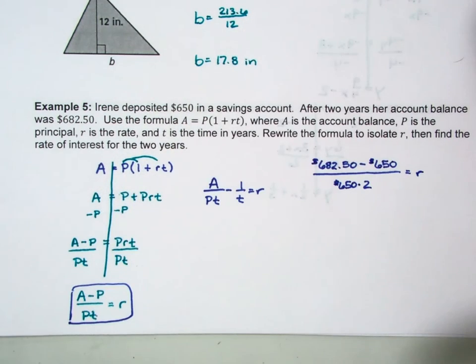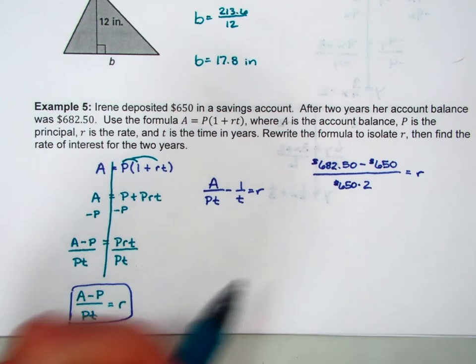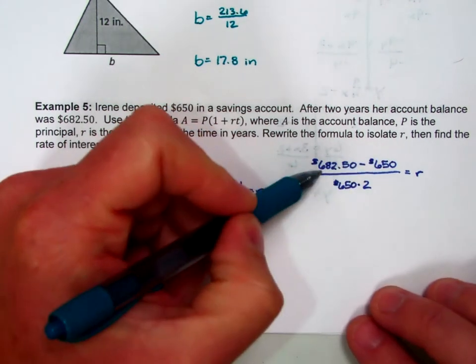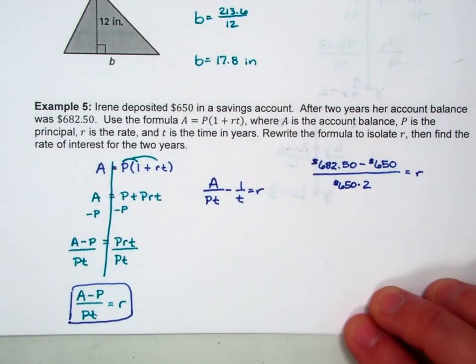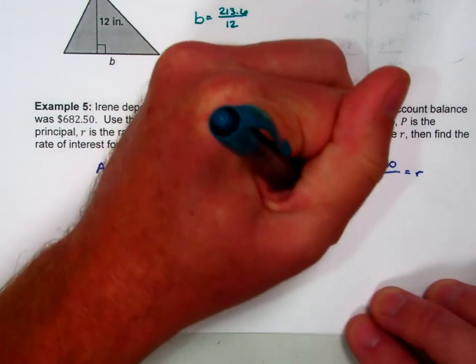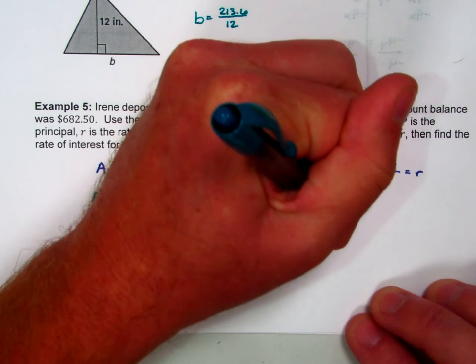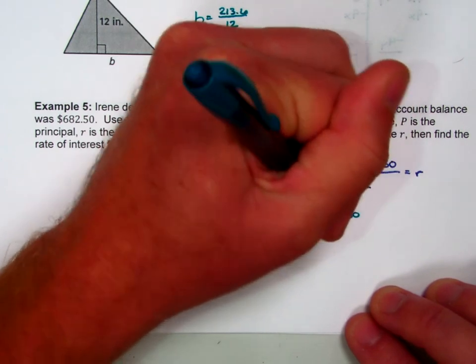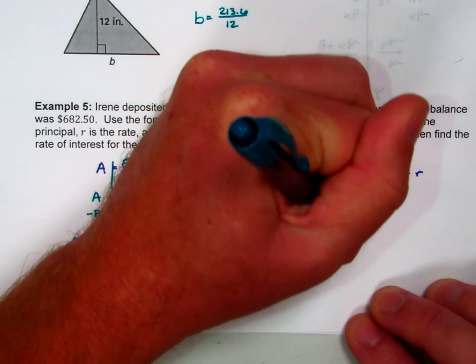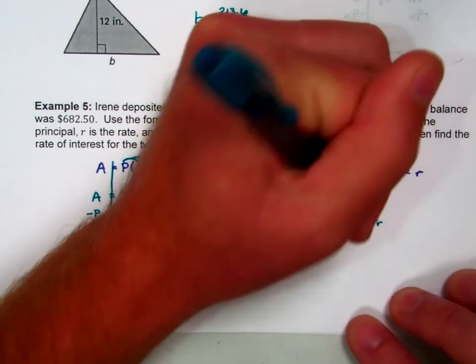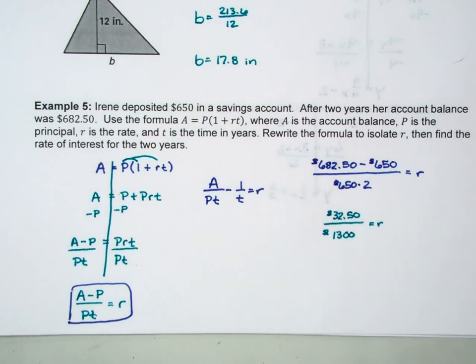All of this should equal R. All right, let's go ahead and do our computations. Again, this is a grouping symbol. So we'll begin with our subtraction on the top, multiplication on the bottom. So we're going to get $32.50. And this is over 1,300. This is equal to R.